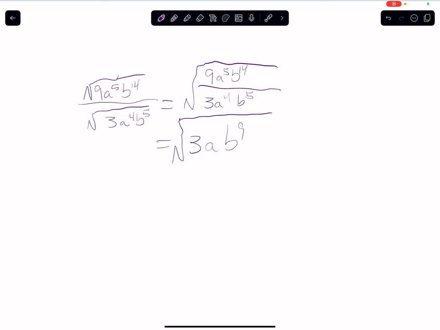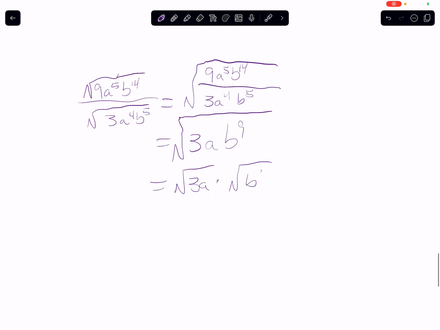Do we have any perfect squares? Well, we're going to be left with a square root of 3 times a. That's not a perfect square. But we do have the square root of b to the 9. That's not a perfect square, but it contains one. So we rewrite it one more time as the square root of 3a times the square root of b to the 8th power times the square root of b.